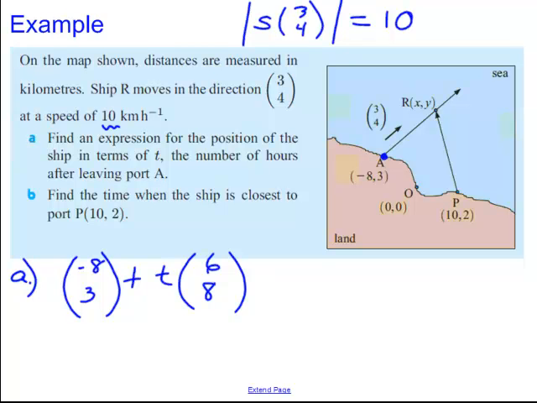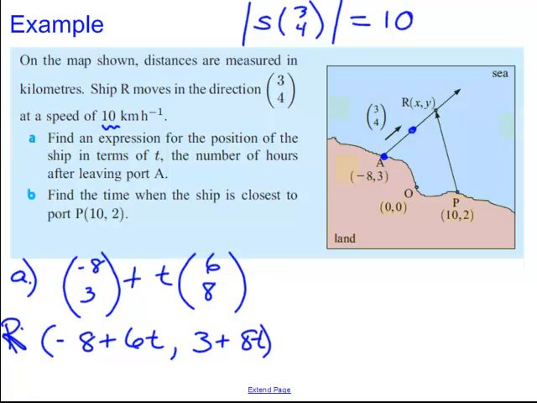So for part A, if I need to know the number of hours based on t, then I know this is (-8 plus 6t, 3 plus 8t). That's the location of R. This is where my R value has to be. Okay, so that's the value that R is going to be at, somewhere along here.